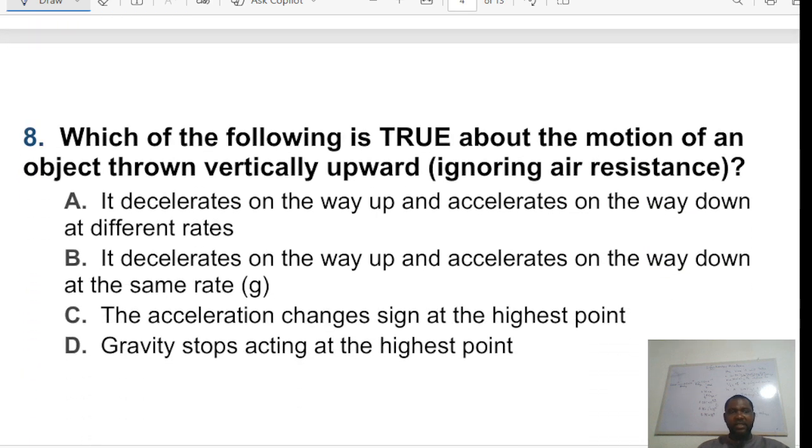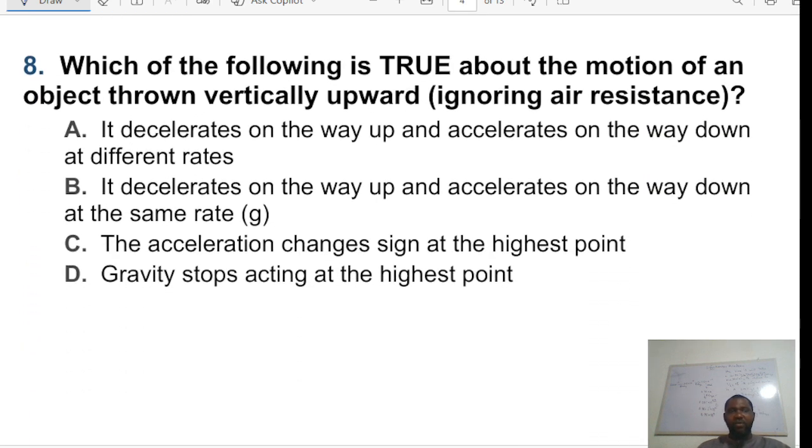Now the next is, which of the following is true about the motion of an object thrown vertically upward, ignoring air resistance? A says it decelerates on the way up and accelerates on the way down at different rates.